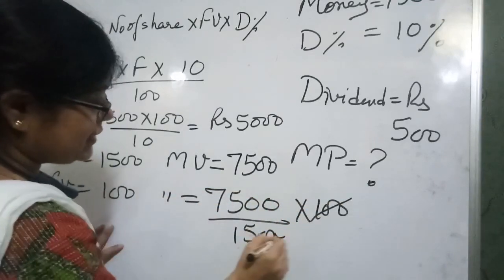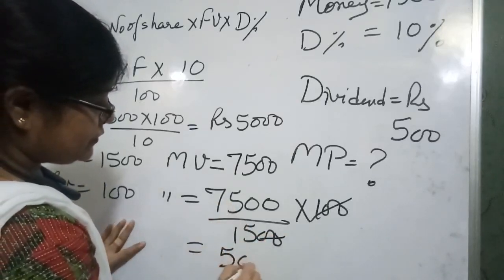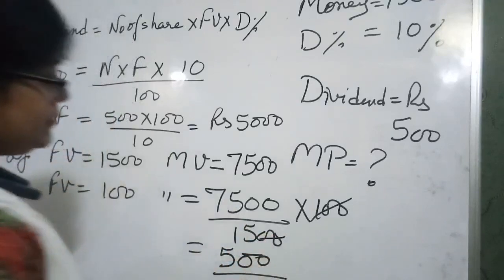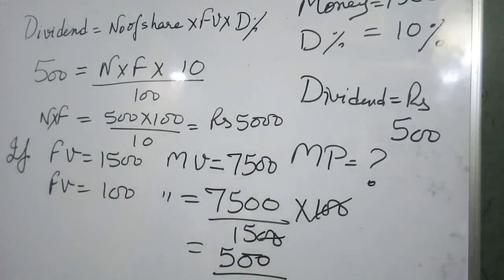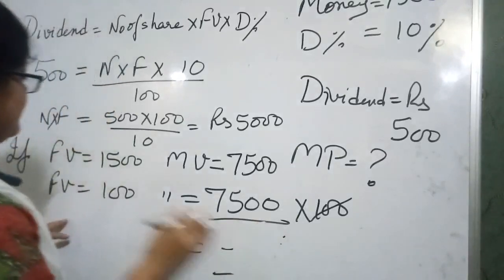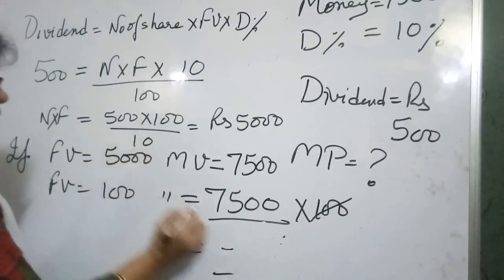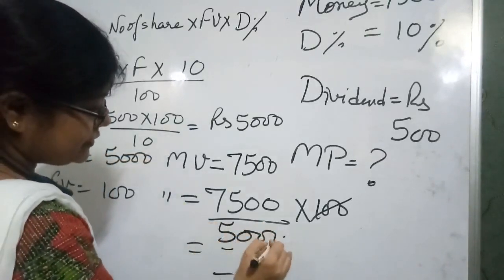I think you can easily solve it. Sorry, it is 5000, I have written it 5000, and here it is 5000.